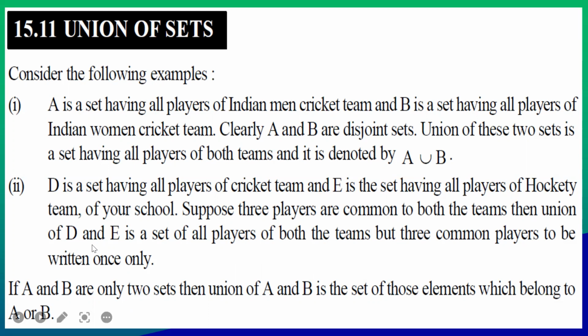So, diba, isang beses lang naman natin kailangan sulat ng mga element. If A and B are only 2 sets, then union of A and B is the set of those elements which belong to A or B. Okay? By the way, class, sa union, we use the word or. For intersection, we use the word and.